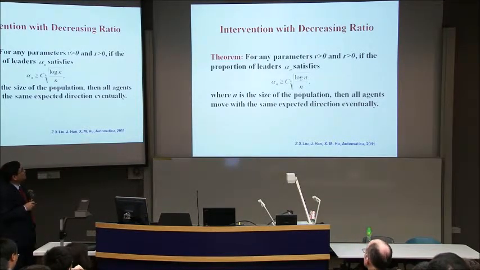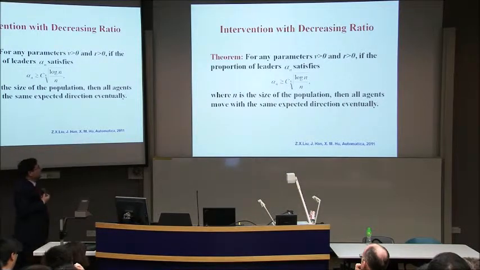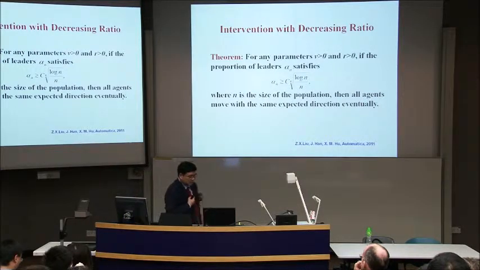This theorem says that for any parameters v and r, if the proportion of leaders, the number of leaders divided by population size, satisfies this lower bound, you can see the lower bound can decrease to 0 as n tends to infinity. When n is the size of the population, all the agents will eventually move in the same expected direction. So this gives a lower bound on how many leaders are really needed.